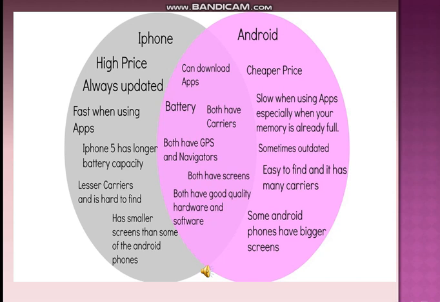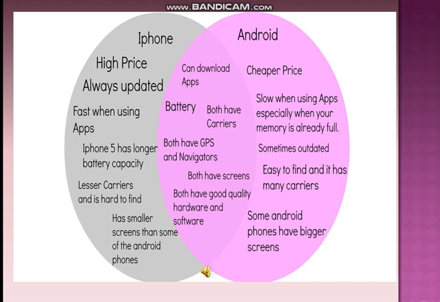Both of them have carriers. Both of them have GPS and navigators. Both of them have screens. Both of them have good quality hardware and software. So these are the points of comparison, the similar points between iPhone and Android.